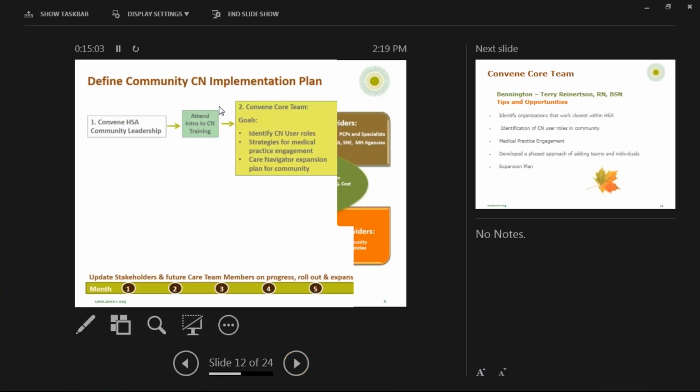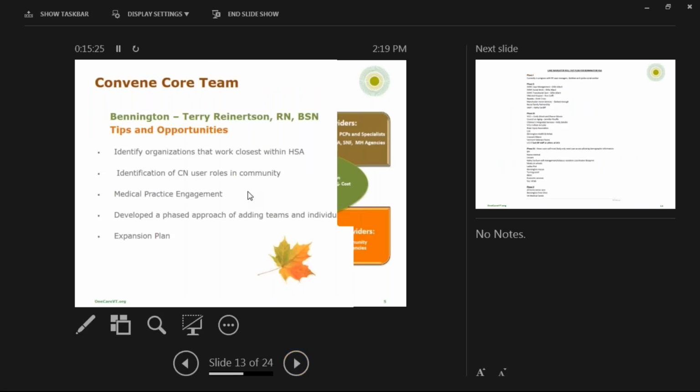The next part is convening a core team with the goal of identifying the Care Navigator user roles, strategies for medical practice engagement, and the Care Navigator expansion plan for the community. From Bennington, Terry Reinertson had some great tips and opportunities. What they did in Bennington was identify organizations that work closest with their HSA.